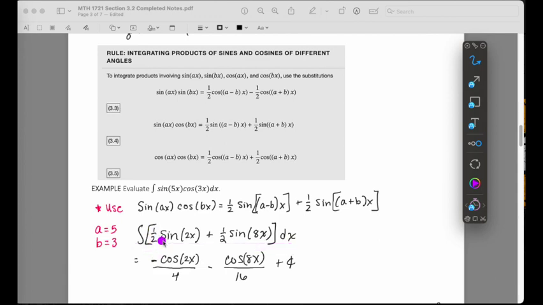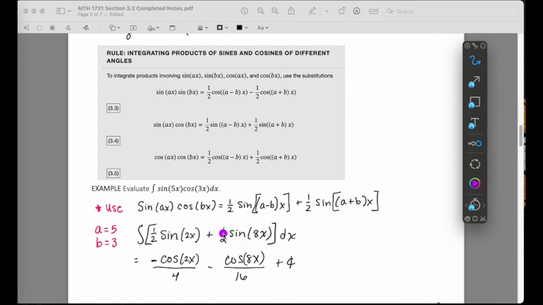When I integrate 1/2 sine 2x, I'm going to get negative cosine 2x divided by 2, and when I multiply that by 1/2, I get 4 in the denominator. When I integrate 1/2 sine 8x, I'm going to get a minus cosine 8x. And I have to divide by the derivative of the inner function, which is 8.